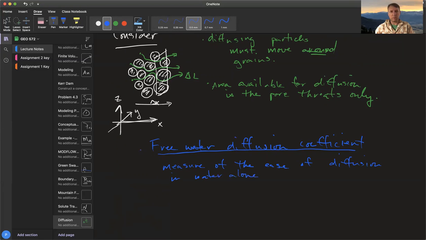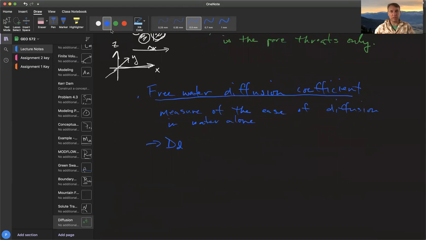So in a porous media, the atom is moving by the free water diffusion coefficient in the pores, but we are looking at diffusion through this pore network, and we're not considering the individual pore throats. So we're going to call the free water diffusion coefficient D_0, the molecular diffusion coefficient.